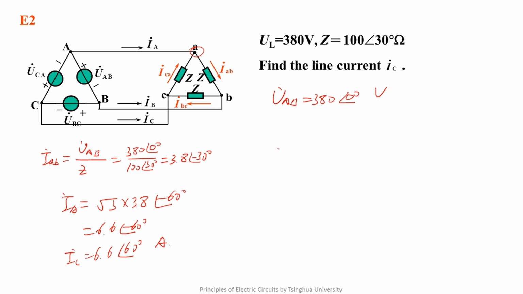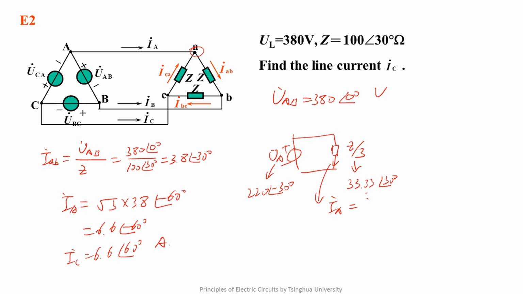Besides this method, we can also apply star-delta transformation and the phase-line relationship of the source to transform the circuit into one with two star connections, and the phase A circuit is like this. UA is 220 with negative 30 degrees, and 1/3 of that is 33.33 with 30 degrees, so IA equals this.